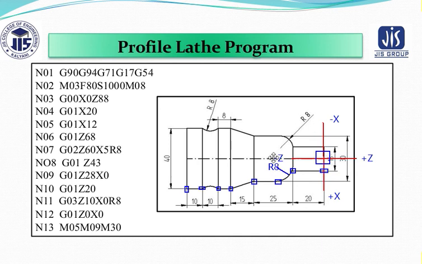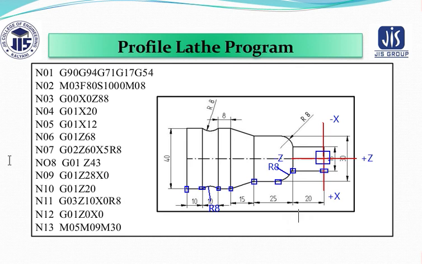This is your radius 8. Again here also one radius has been mentioned, and this has also been considered as radius 8. So this is also your radius 8. So just write down radius 8.